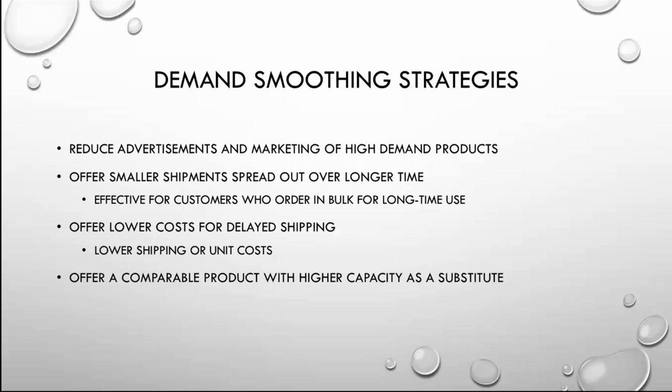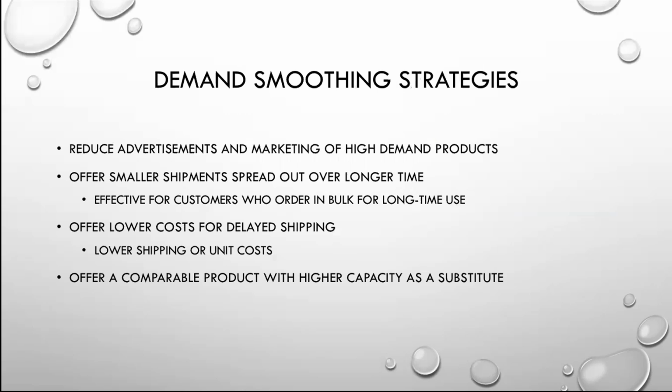When you look at marketing materials, when they talk about demand smoothing, they talk about reducing advertising and marketing. If you have coupons or rebates or incentives, you may want to stop those for a certain period to reduce the demand. If you understand that a lot of your demand is because people have coupons for your product, stop giving the coupons for a certain period so that your demand comes back to below capacity.